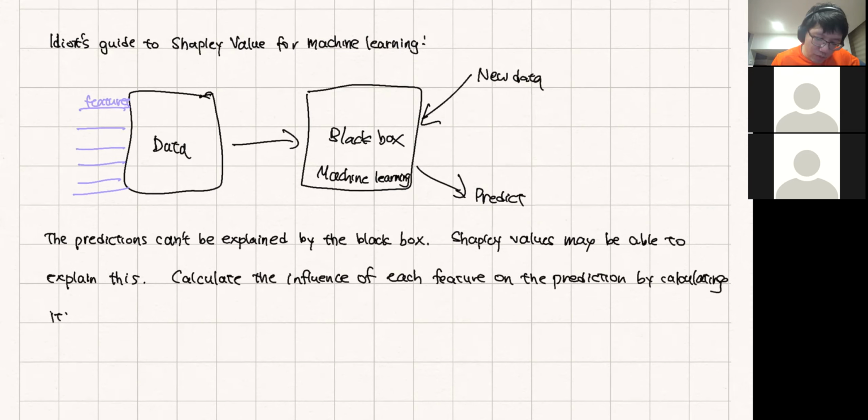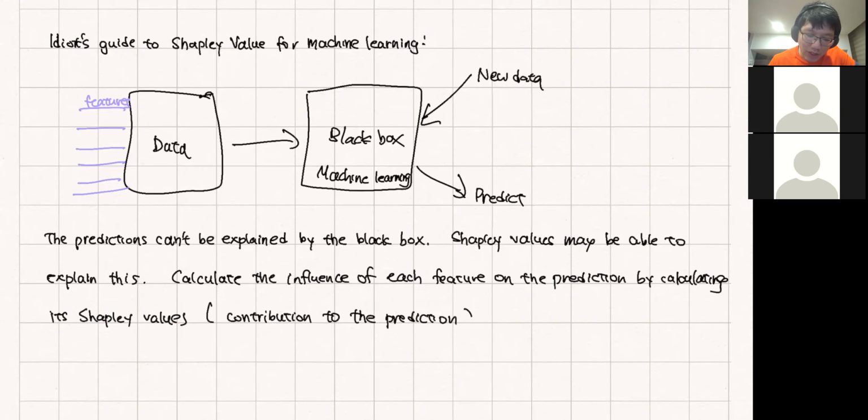Okay, so this comes into play because it calculates the contribution to the prediction. Okay, so you imagine a cooperative game where you only use some of these features, and that will make a prediction.